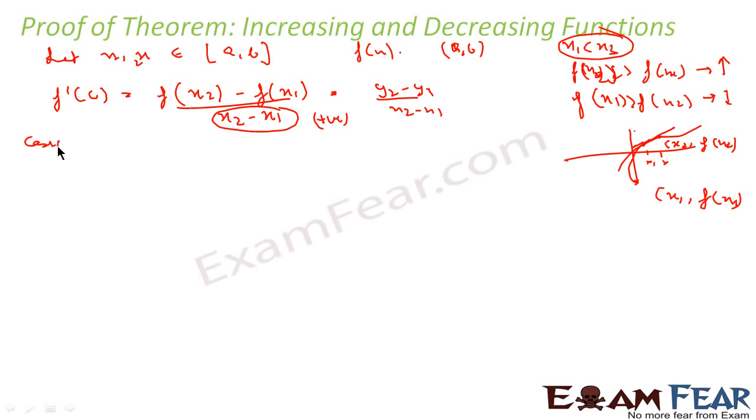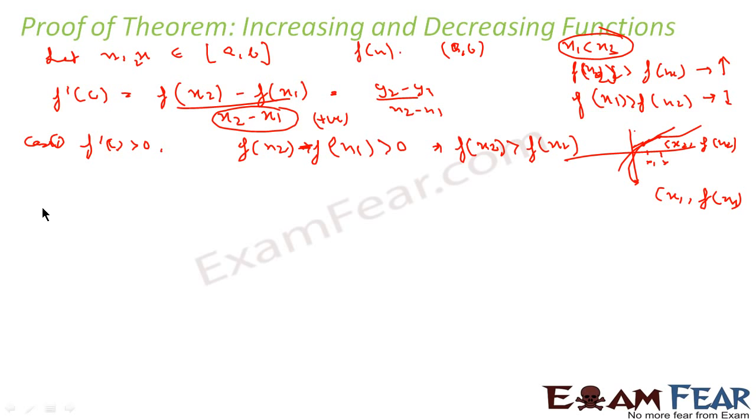So case 1, f dash c is greater than 0. In that case, f of x2 is greater than f of x1. Correct? Why? Because f of x2 minus f of x1 has to be greater than 0, or this implies f of x2 is greater than f of x1.